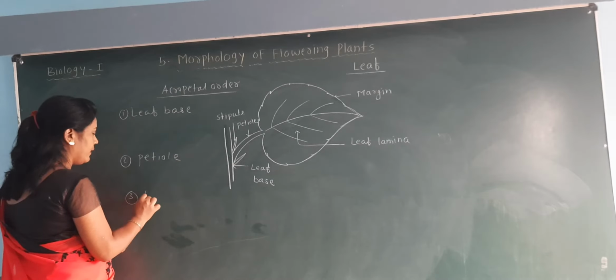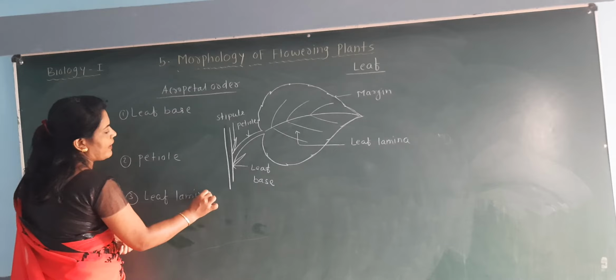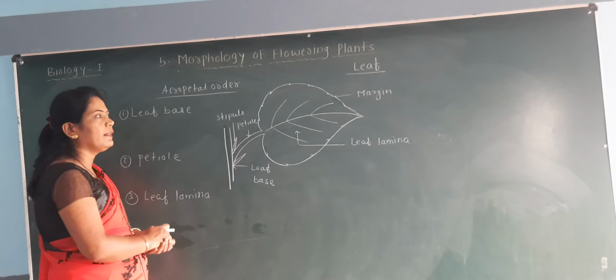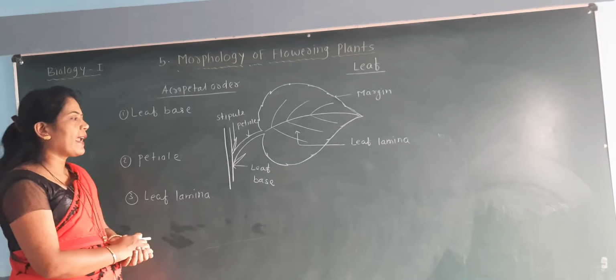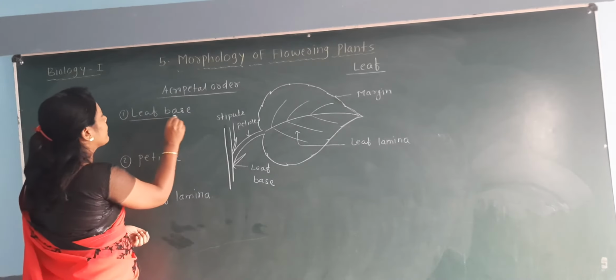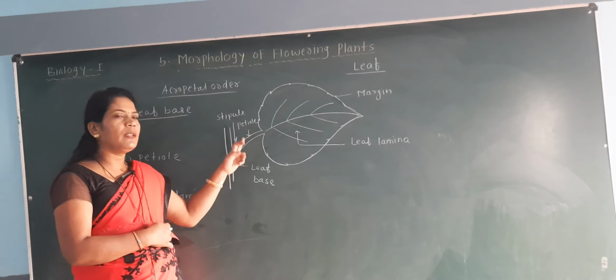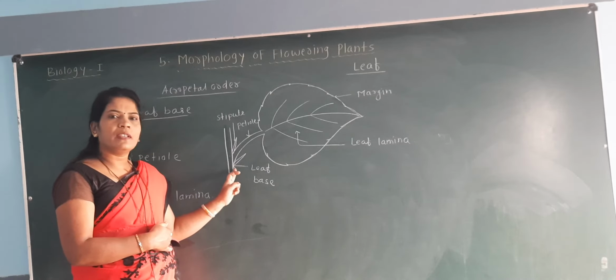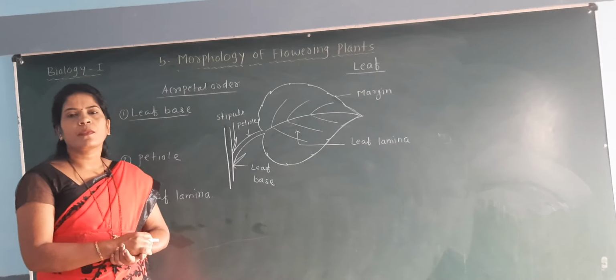And third one is the leaf lamina, which is also called leaf blade. These three parts you can easily observe in this diagram. Leaf base means the part where the petiole of the leaf gets attached on the stem, and that part is called the leaf base. Okay.